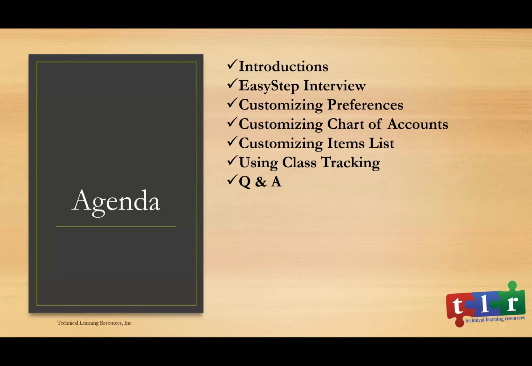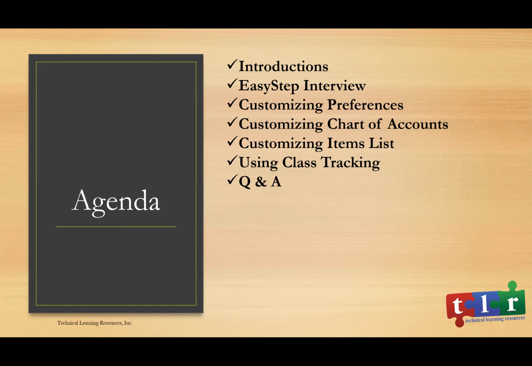So today we are going to talk about how to set up QuickBooks for your law firm. The topics that we'll cover will include the Easy Step interview. This is sort of just a 12 to 15 question process that we go through in QuickBooks to provide information so that the QuickBooks file can be set up to be custom to your actual law firm.